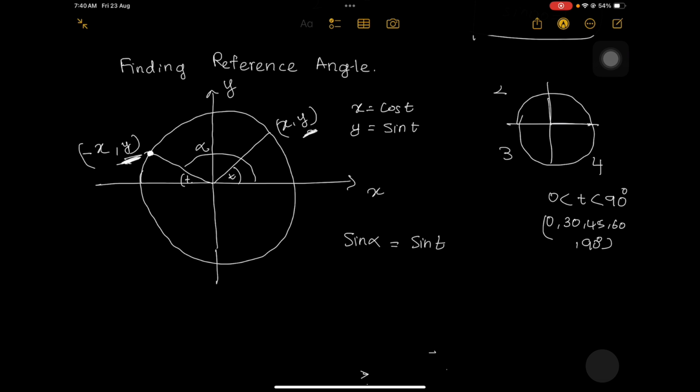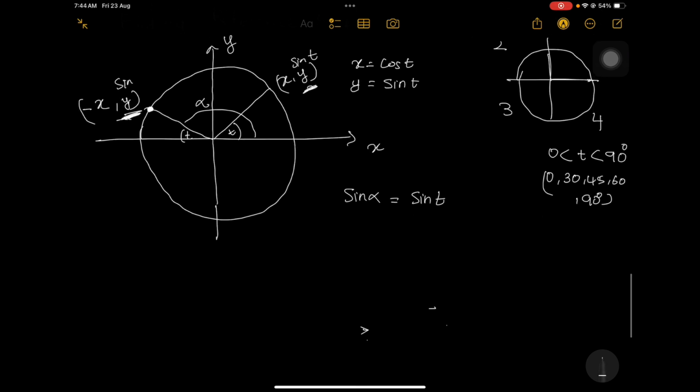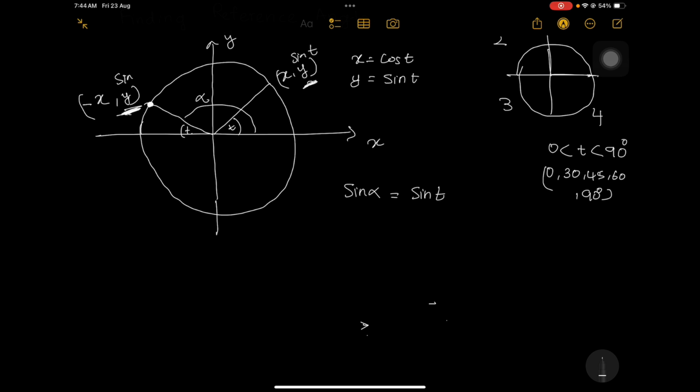So this is sin t, this is sin alpha, and sin alpha here is sin t. Alpha is called the reference angle.